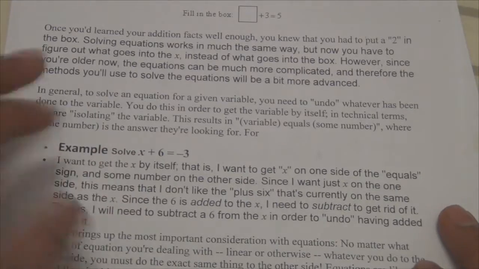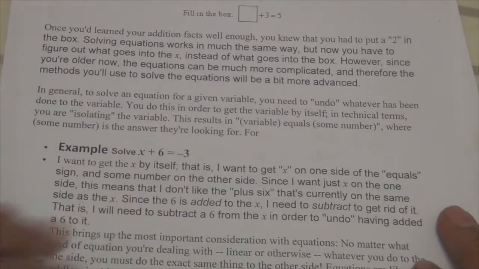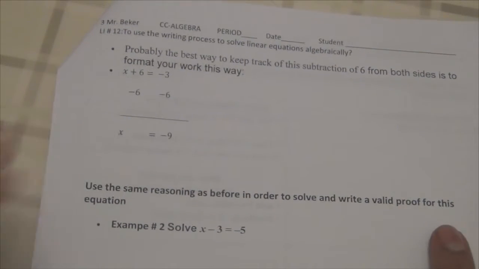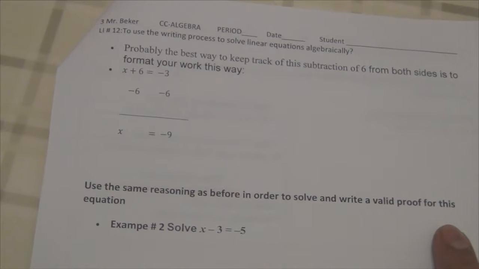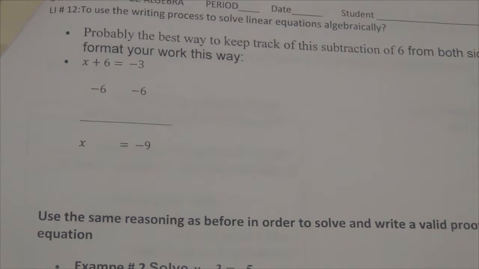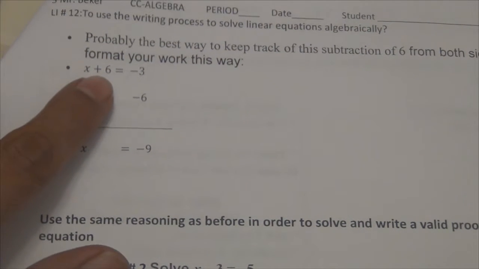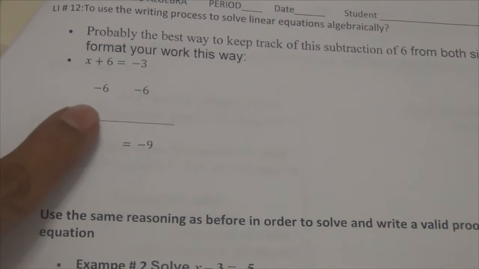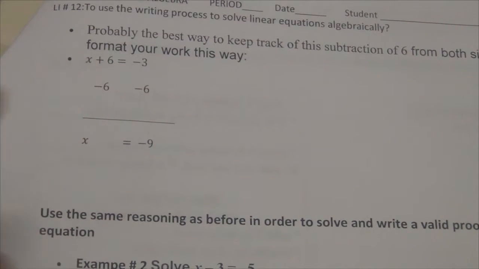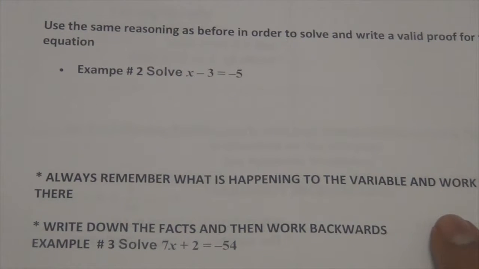So anyway, this is just explaining to you what to do, what not to do, how to undo the properties, which we already went through at the beginning. Then you have the example right here. See that? And you have undoing the addition of 6 with a subtraction of 6. What you do to one side, you do to the other. Then you have another example over here.